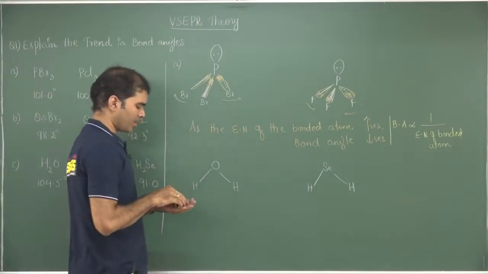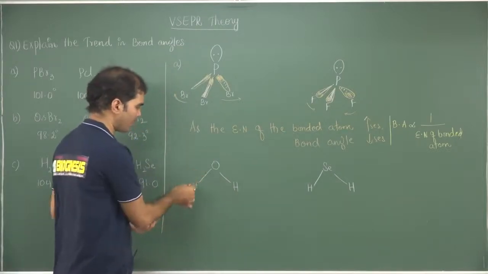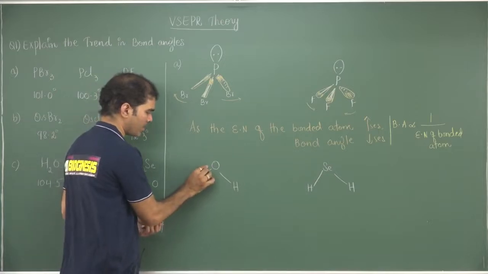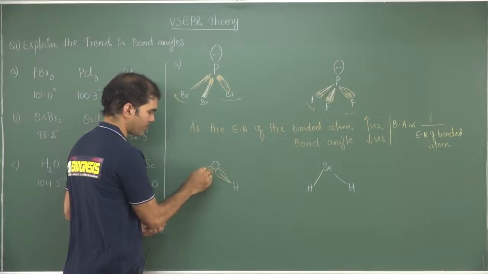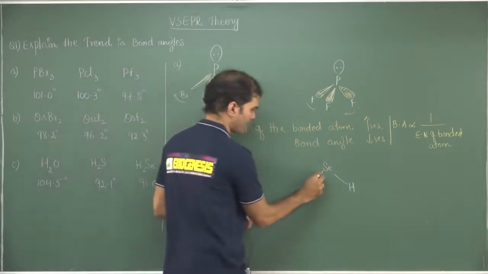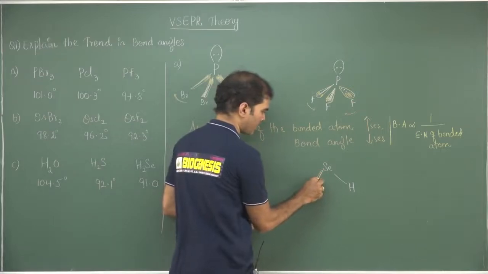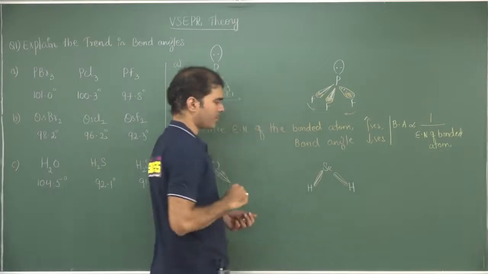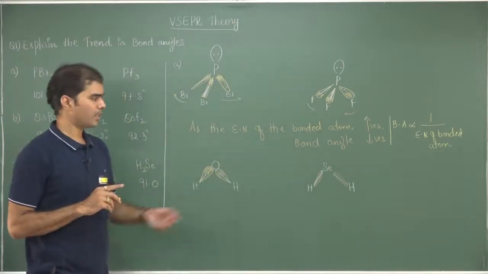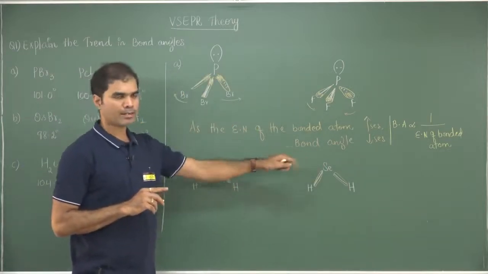When the electronegativity of the central atom is large, the electron density will be more towards oxygen, whereas in this case, it is less towards selenium, because selenium is less electronegative in comparison to oxygen.